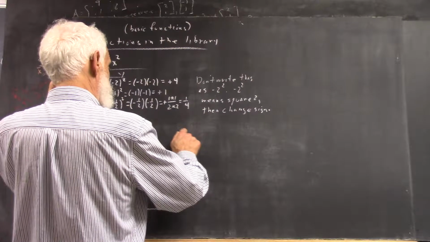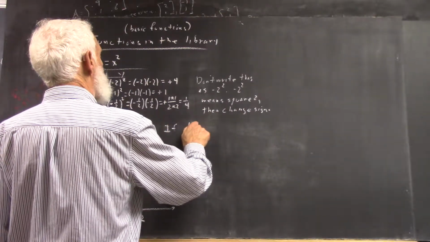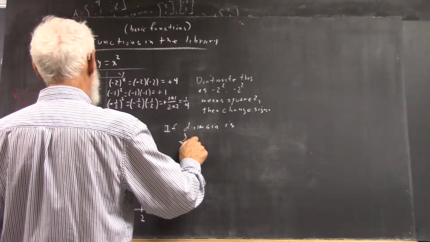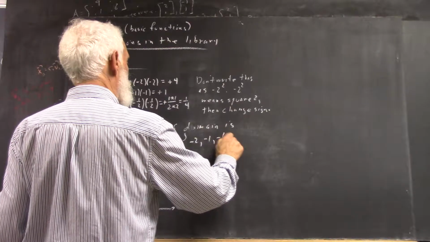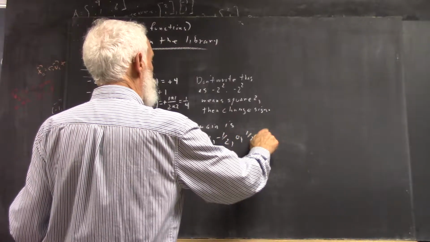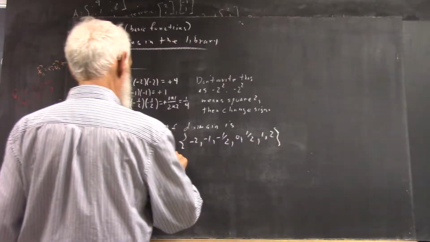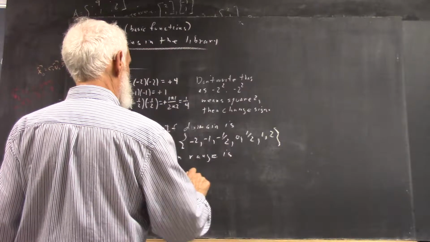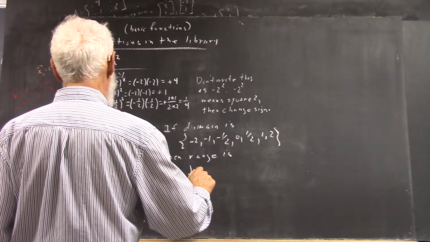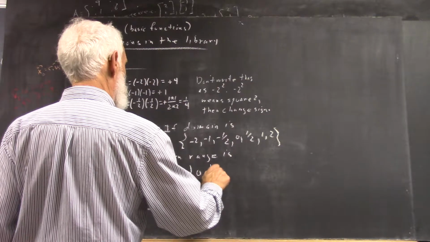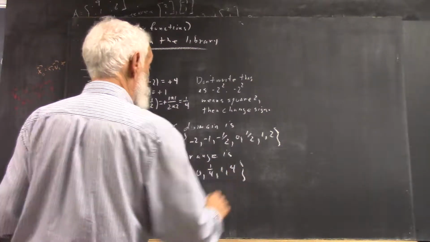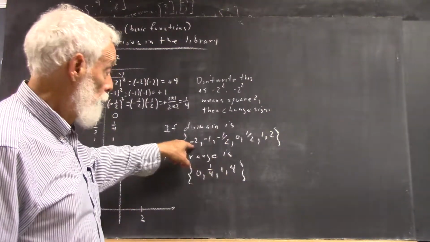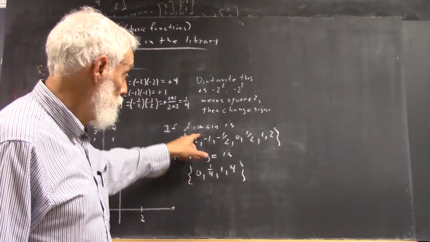If the domain is the set -2, -1, -1/2, 0, 1/2, 1, 2, then the range is 0, 1/4, 1, 4. These are the numbers you can get out of these numbers, right? Okay. That's domain, that's range.